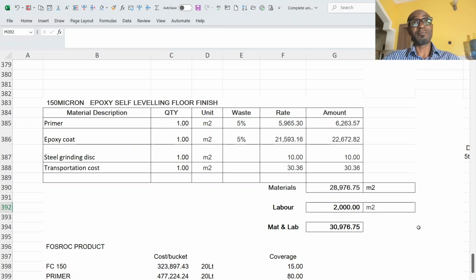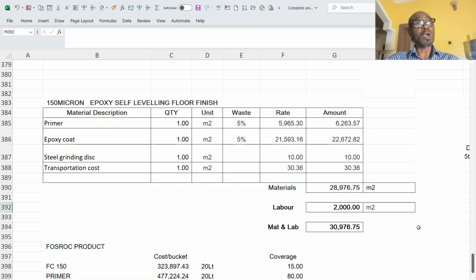Having said that, another thing you need to consider when you are building up rates for epoxy self-leveling is to check if it is an already finished floor and you are only coming to do the epoxy.